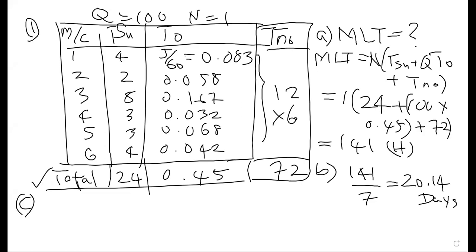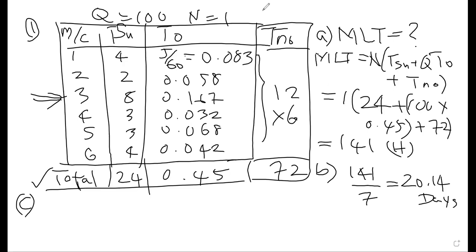And then we have C. We need to determine the production rate, RP, for operation 3. You can see here, operation 3 is the bottleneck.